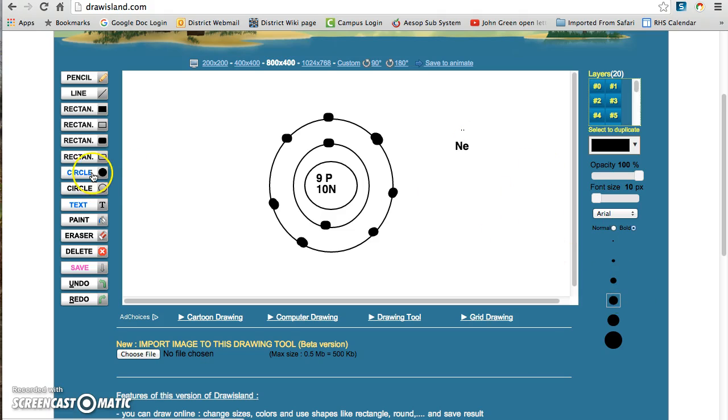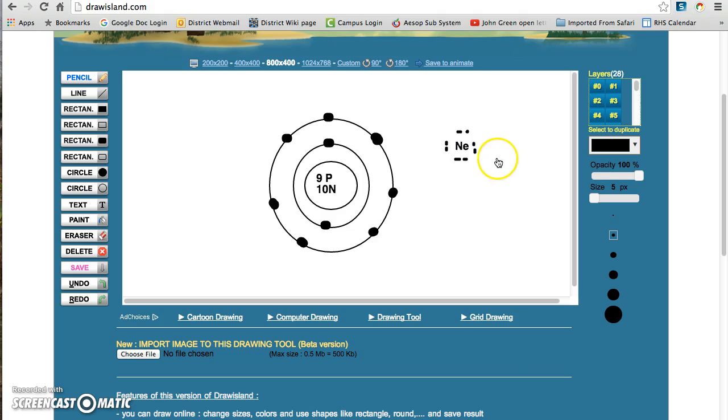Let's see, I need my pencil. And I'm going to use this one. So these dots that I'm trying to draw here represent valence electrons.